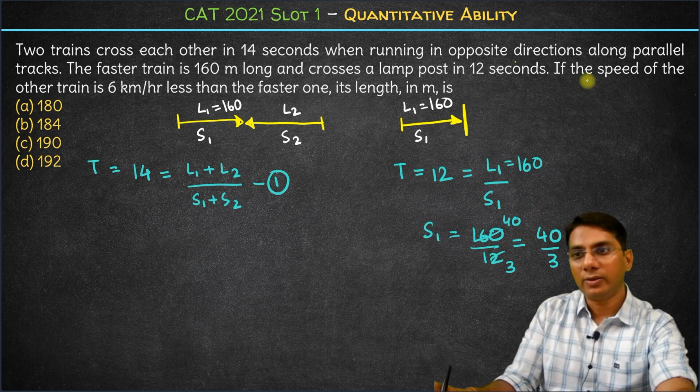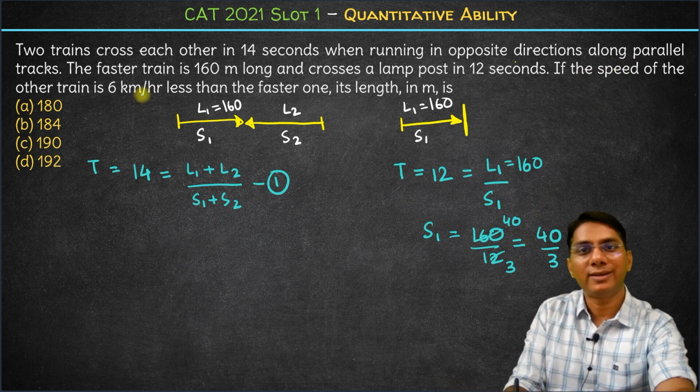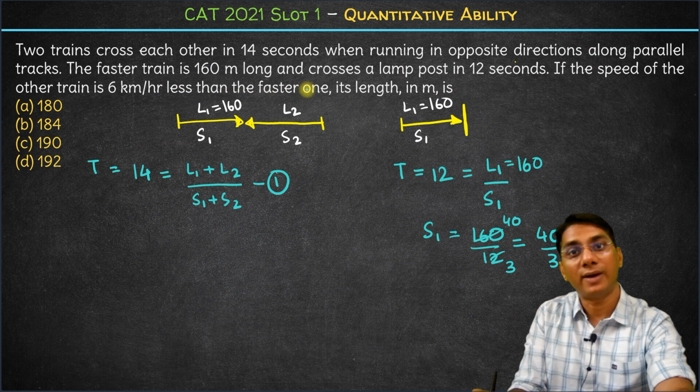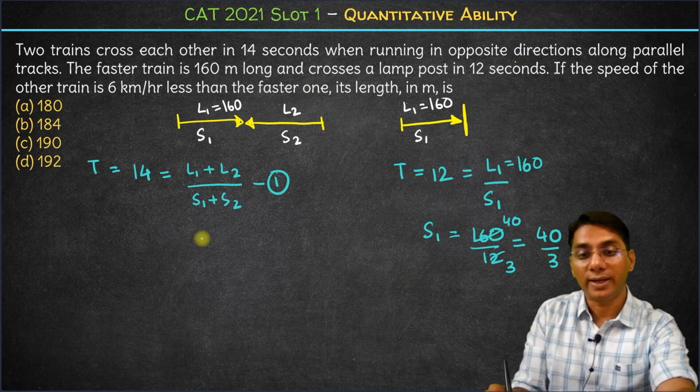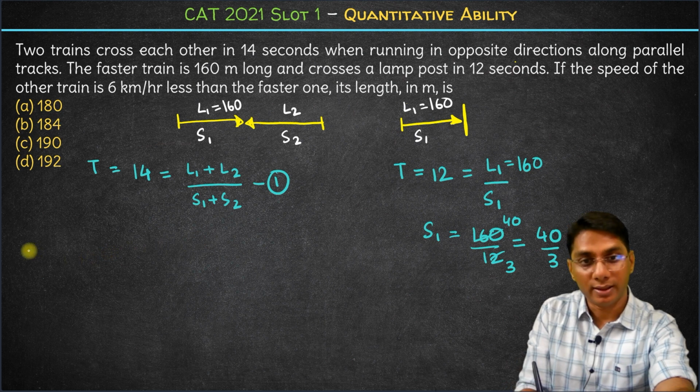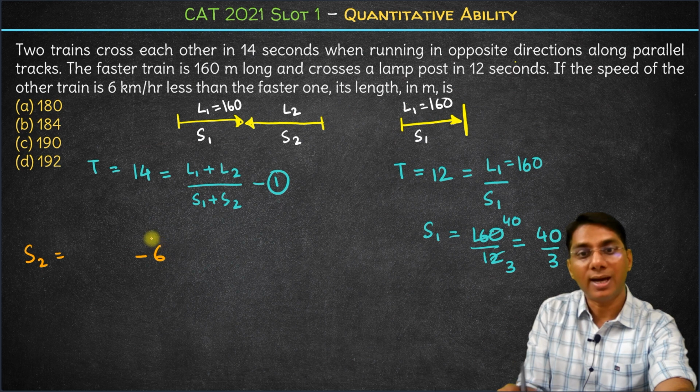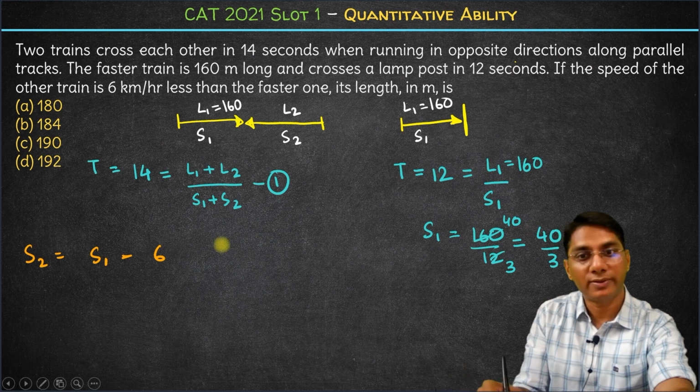Okay. Now the question is, if the speed of the other train is 6 kilometers per hour less than the faster one. So speed of S2, now S2 is 6 kilometers per hour less than the speed of S1. But since speed of S1 we have calculated is in meters per second, let's convert this 6 kilometers per hour into meters per second.